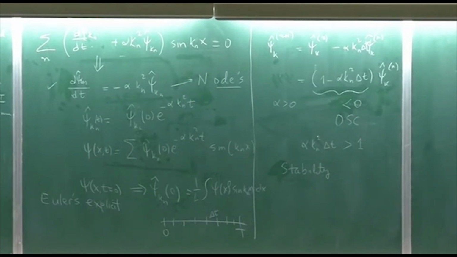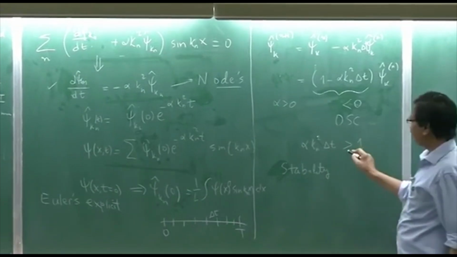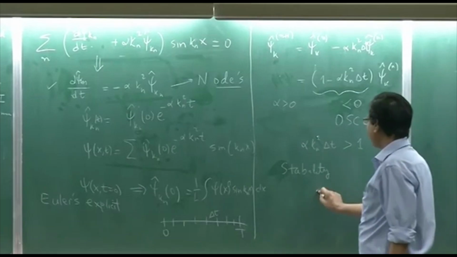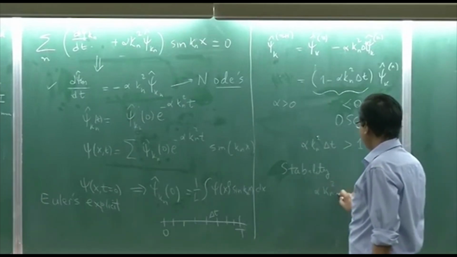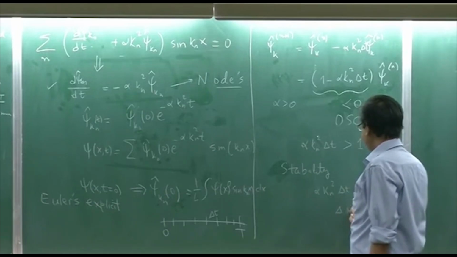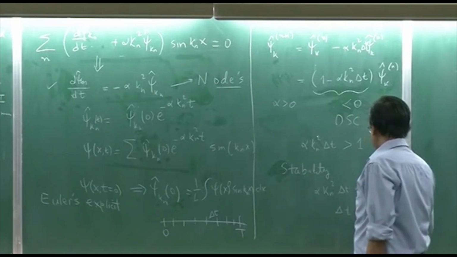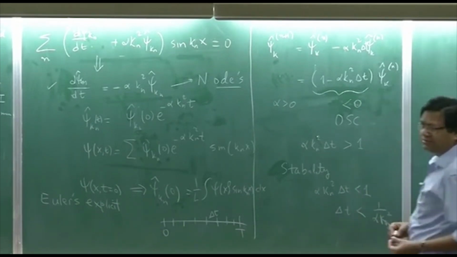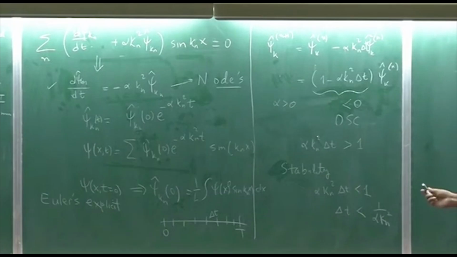It is supposed to monotonically go down to 0, but it's oscillating now. So for stability, I require that alpha k squared delta t must be less than 1. So delta t must be less than 1 by alpha k squared. Okay, this is critical. So when you do your project, you have to keep this in mind.